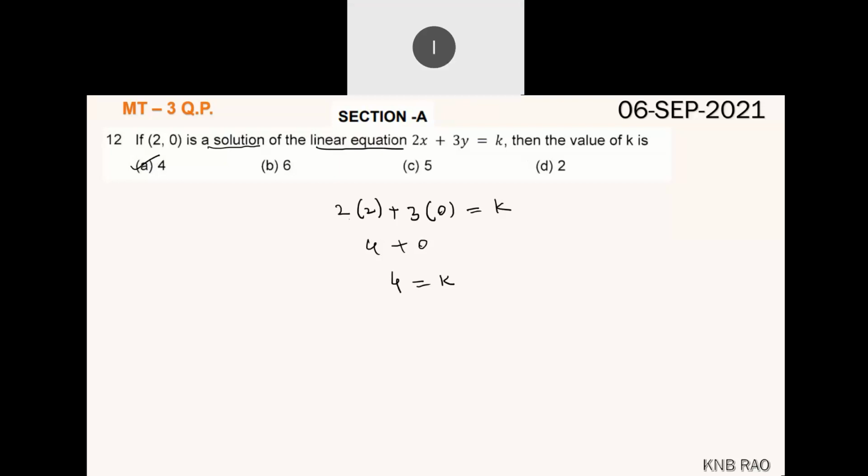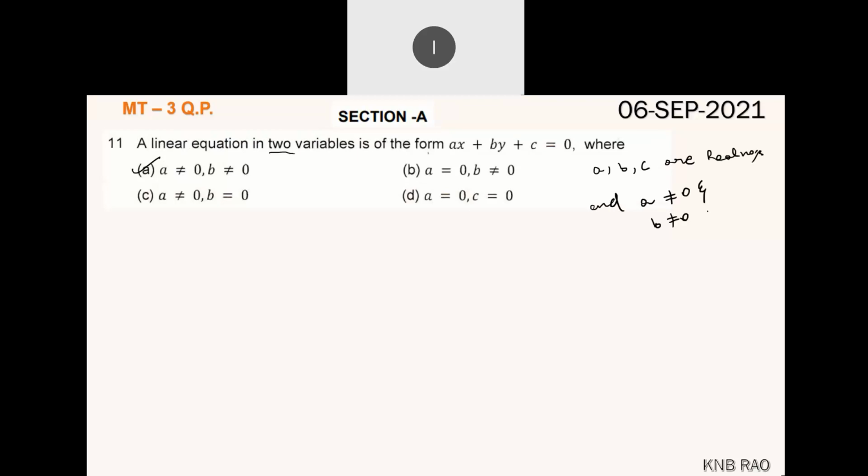Sir, in the 11th question, what if they do not give y value and x value? We have to put 0, no, sir. What, Gangadhar? Yes, sir. In this question, if they have not given x value and y value, sir, we have to put 0x and 0y. No, no, no, no. 0x, if you put that, x variable itself will go away, na?